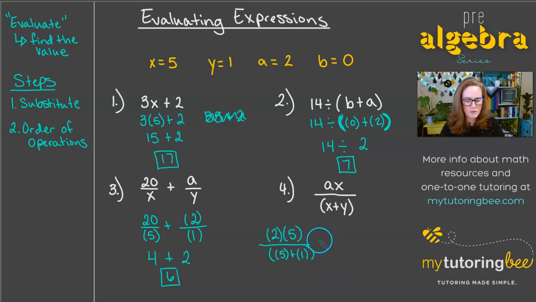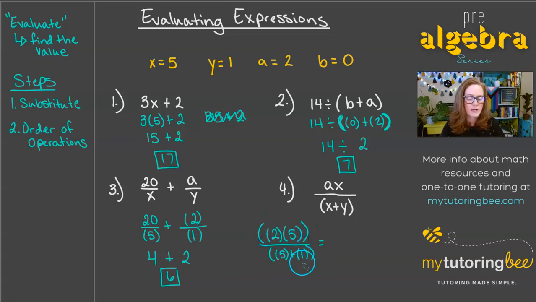But because I'm going to be solving the numerator and denominator separately at first and then dividing at the very end, I want to treat both the numerator and the denominator as if they have a set of parentheses.